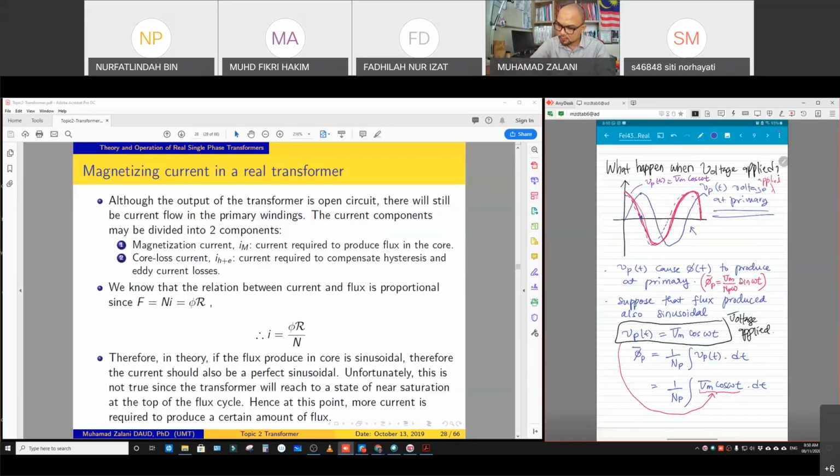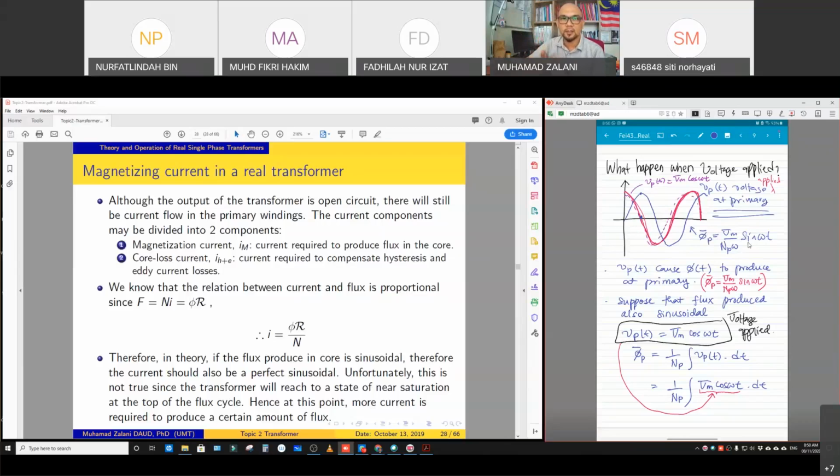So this is phi p average, which is Vm over Np omega sine omega t. So as you can see, we apply a sine function of voltage. What happens inside the coil is the average phi that occurs inside the coil is a sine function.